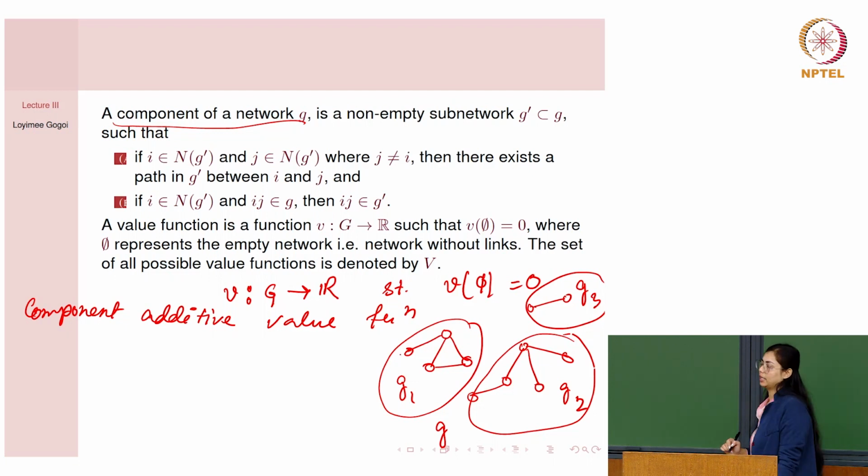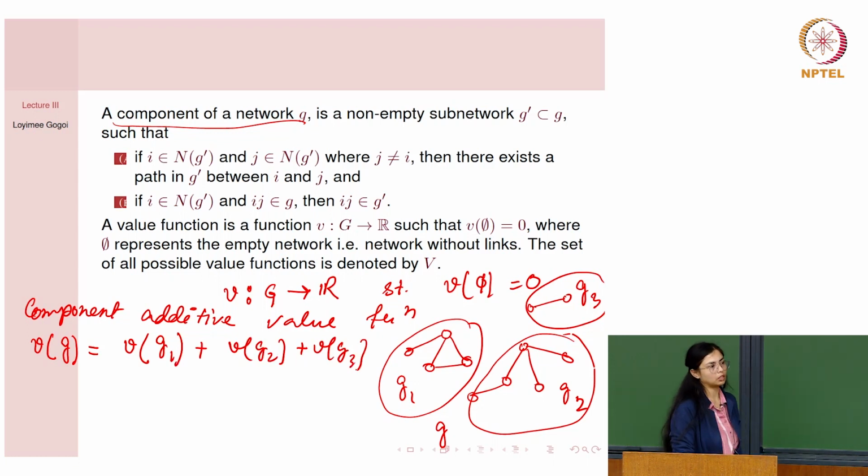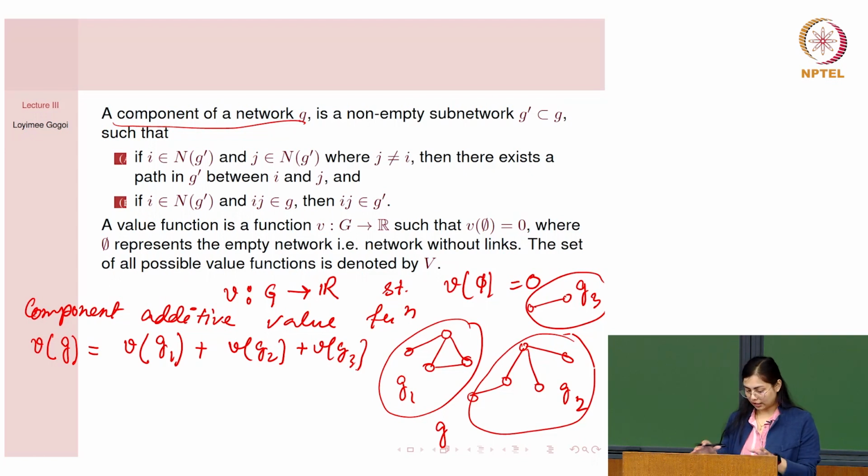So I have 11 players. Component additivity means the V of G is equal to V of G1 plus V of G2 plus V of G3. That is, the total value generated by the whole network is equal to the sum over all the worth generated by each component.